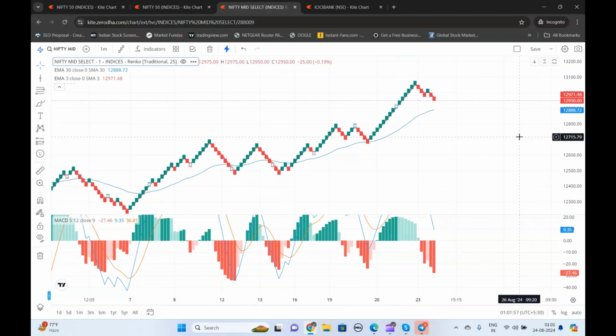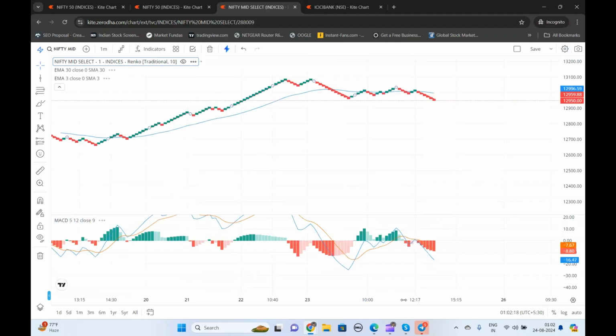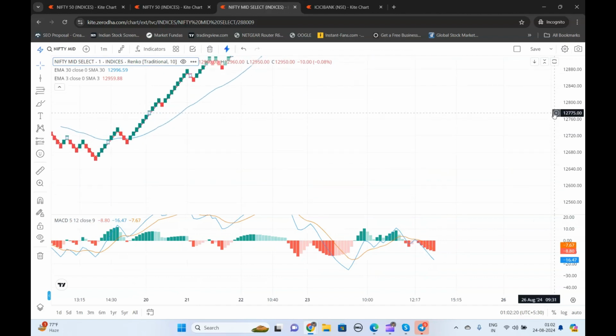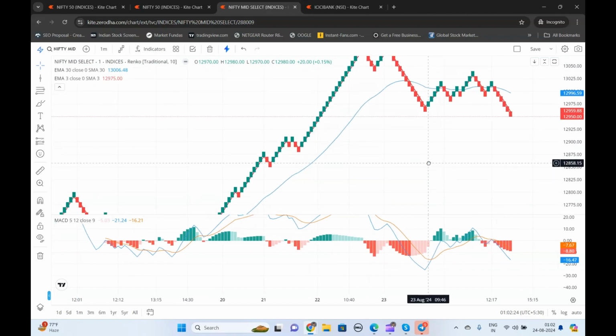What do you have to do? Because this index is only around 12,000, we'll change the brick size. We'll put it at 10. You could put 5, but that would be too narrow. I would say you can put 10, that should be fair enough. Same principle. You hold it.